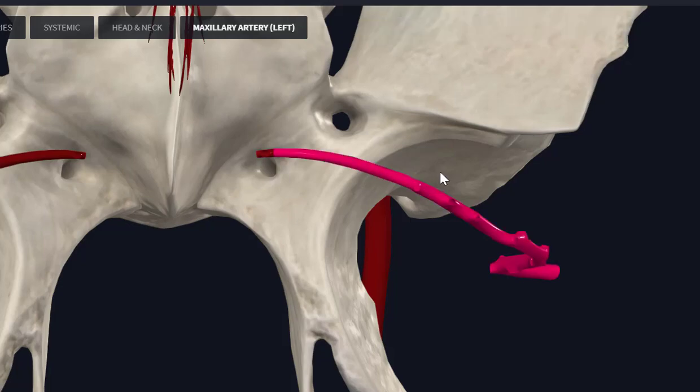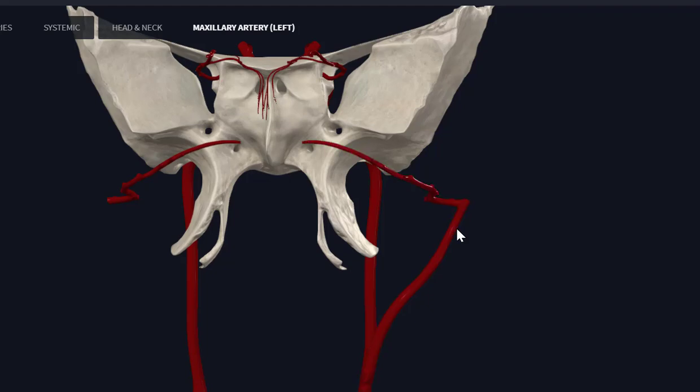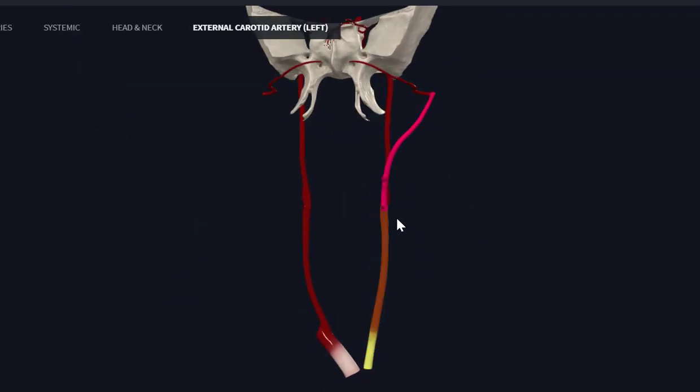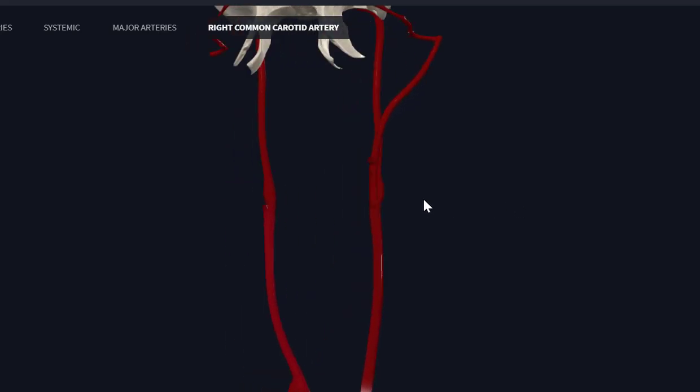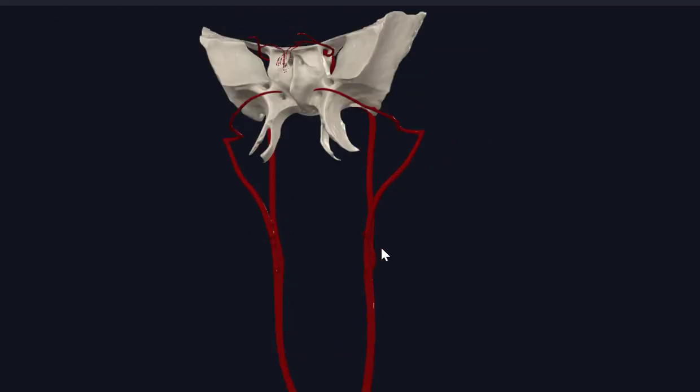The sphenopalatine artery is a branch of the maxillary artery, which is a branch of the external carotid artery, which is a branch of the common carotid artery on both sides, right and left. Let me show you the origin for that one, and I think we are good.